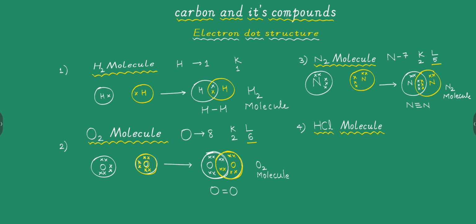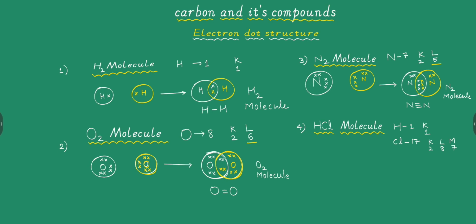As we know before, we have to know both the atomic numbers. Hydrogen's atomic number is 1, so there is only one electron in its outermost shell, whereas chlorine's atomic number is 17 and the electronic configuration is 2 in the K shell, 8 in the L shell, 7 in the M shell.